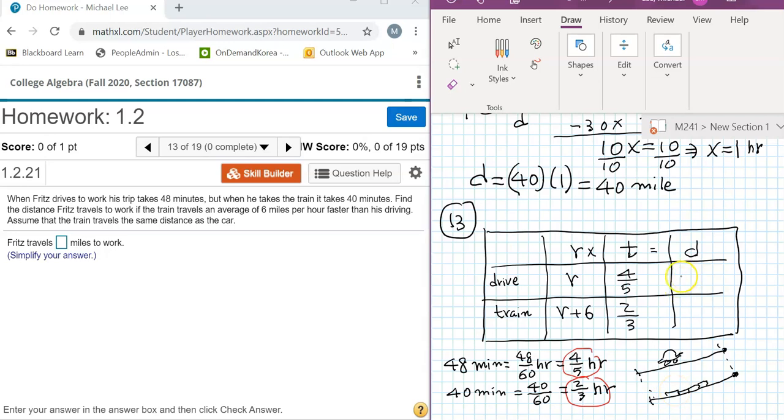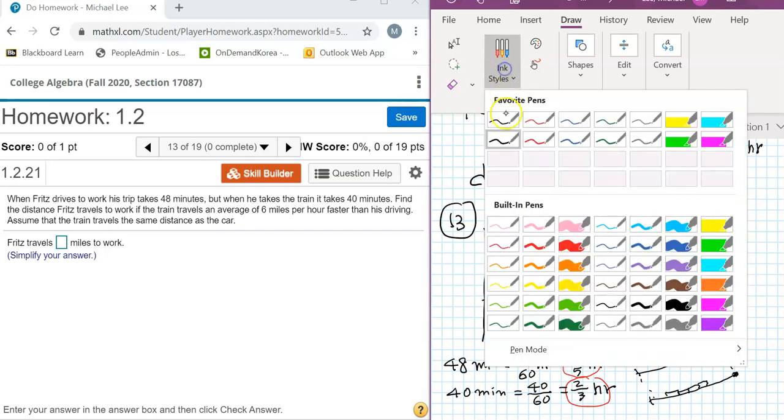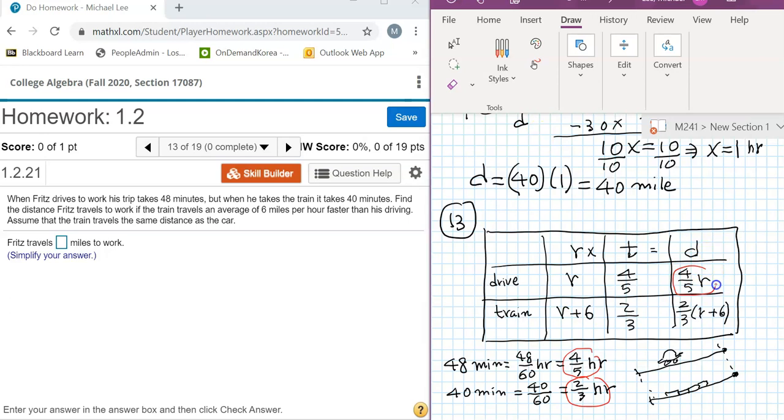Okay, so this is 4/5 R. This is 2/3 R plus 6.